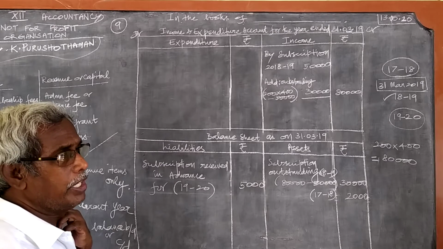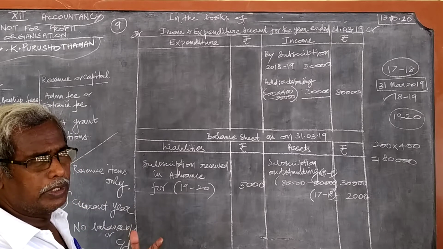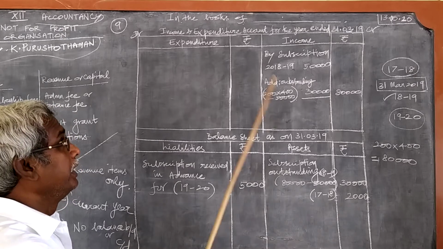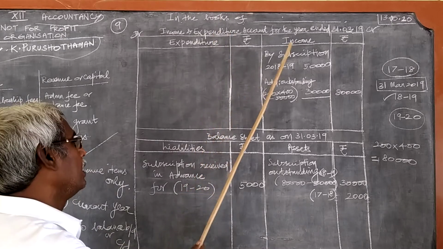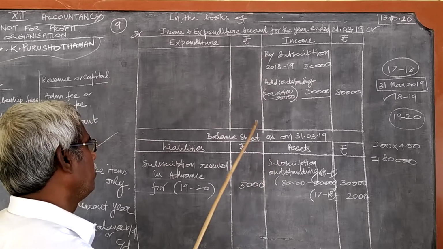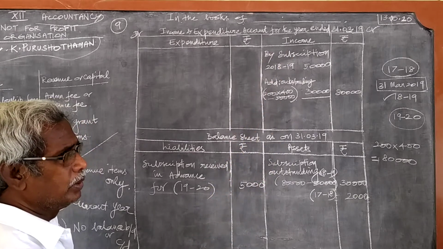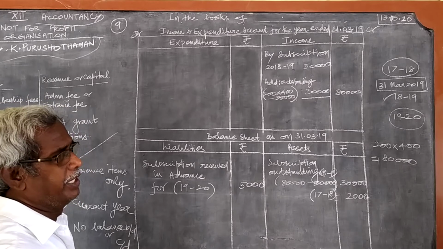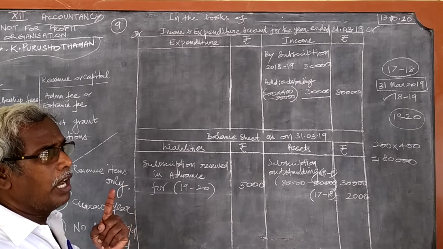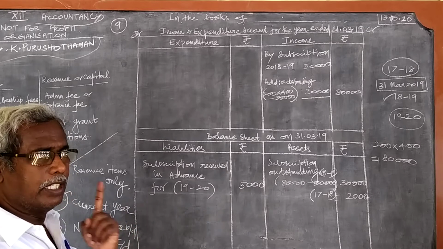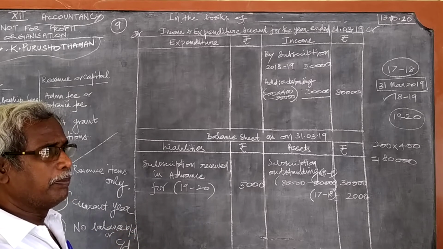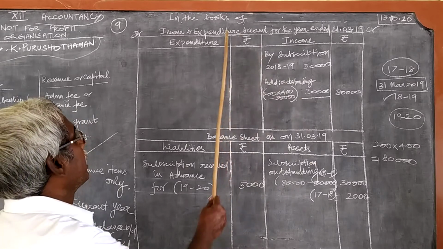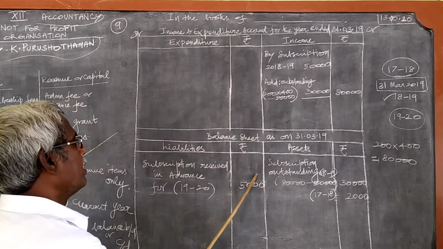So there is no question of preparing trading account and profit and loss account. Instead, we should prepare income and expenditure account. In addition to that, we should prepare the balance sheet. So, under not for profit organization chapter, if you are asked to prepare final accounts, what you should prepare? You should prepare only income and expenditure account and balance sheet.